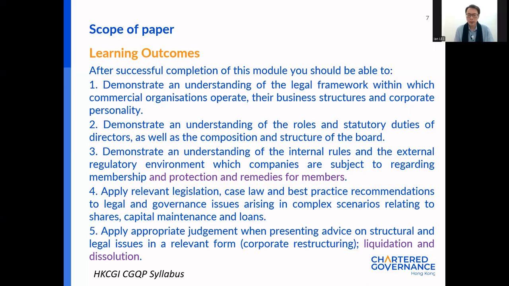The third learning outcome, demonstrate an understanding of the internal rules and external regulatory environment which companies are subject to regarding membership and protection and remedies for members. So learning outcome 2, we talked about directors. Learning outcome 3, we talk about members. Okay, so members, for example, shareholders, they are the one who basically own the company.